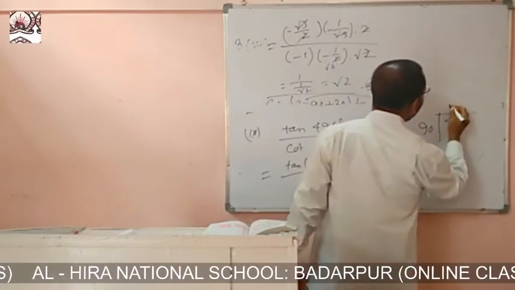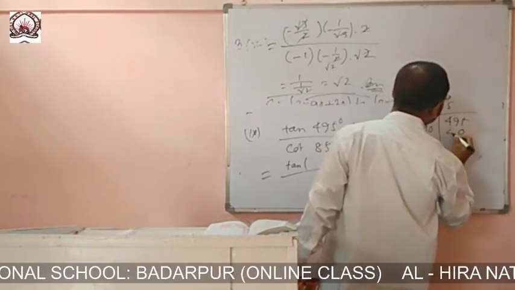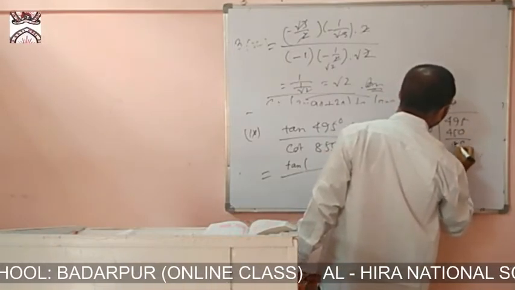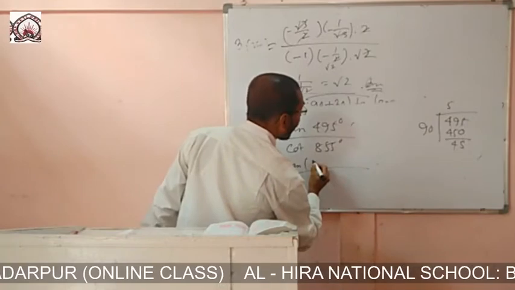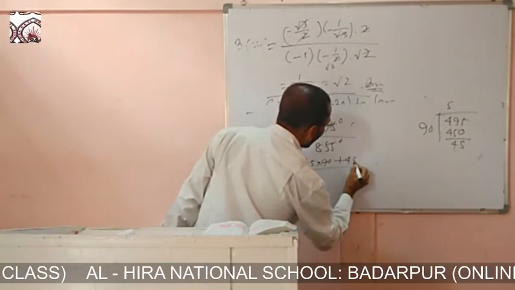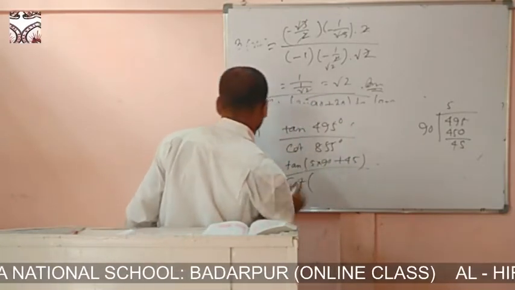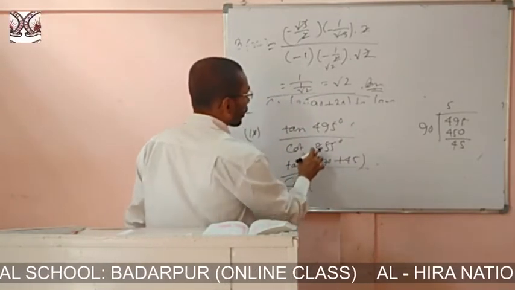If we take 500, 5 9s are 45, so remaining is 45. So this will be 5 into 90 plus 45, and cot, if we divide by 90, then this will be 855.